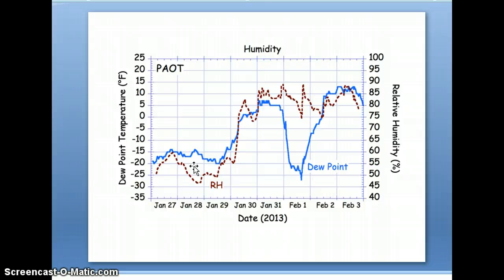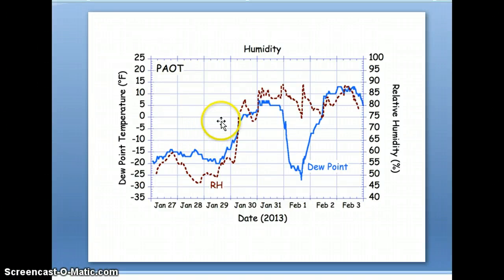Obviously, as the weather is warmer, the relative humidity is lower because it's very dry in the interior. Warmer air can hold more moisture, so it makes sense that with warmer air the relative humidity would go down, because there's not as much moisture to be had.